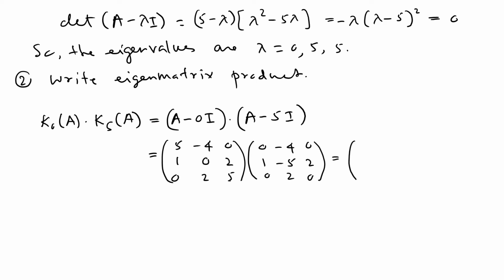So let's multiply. If you multiply with the first column of the second matrix, you only get the second term in each row. That means you get negative 4, 0, and 2. And now you go to the second row.